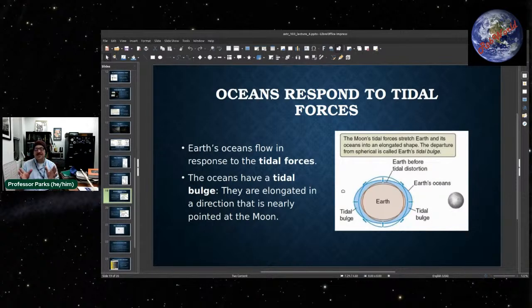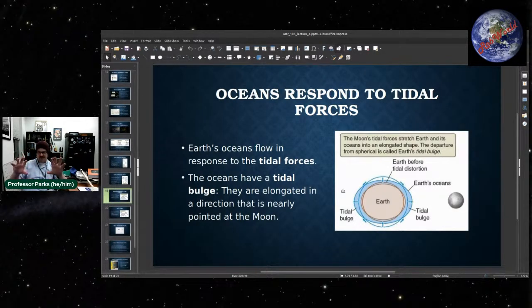Water is more elastic than rock, and so that tidal effect that I've just been talking about can be seen to a larger extent on the water than it can be on the Earth. And so you get these what we call tidal bulges.